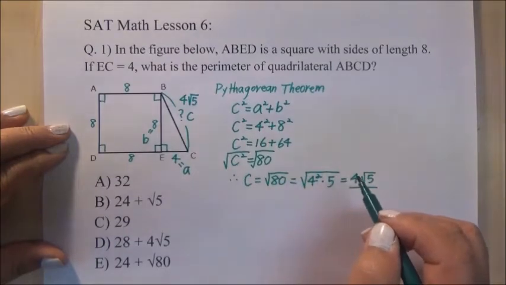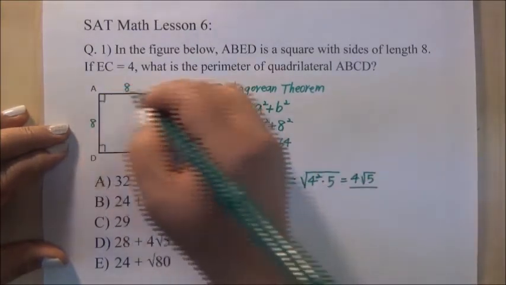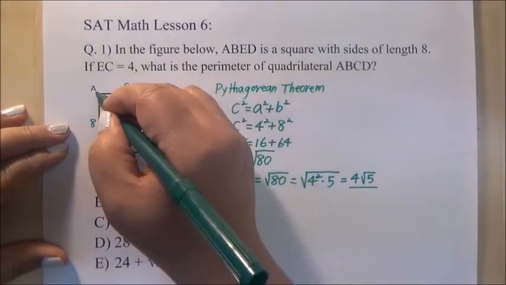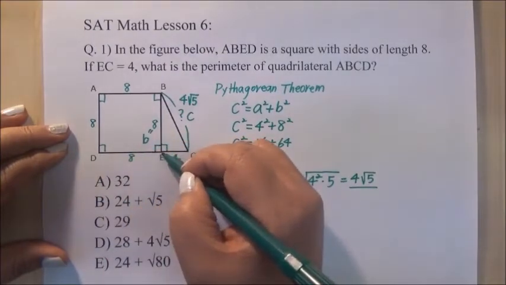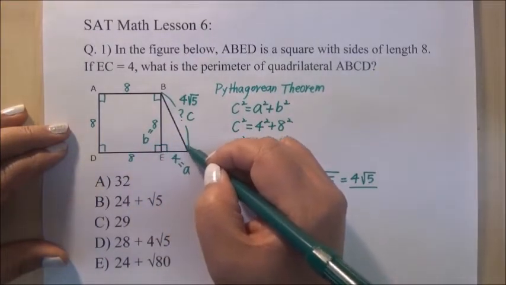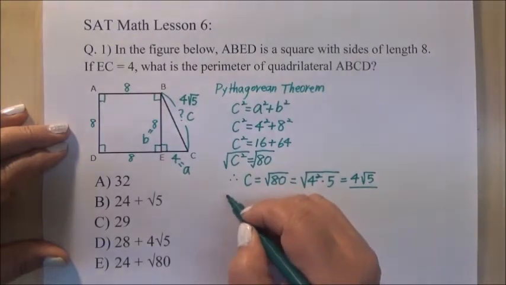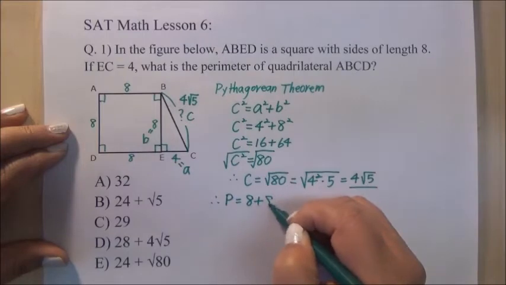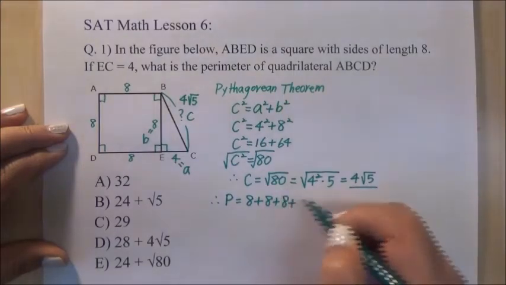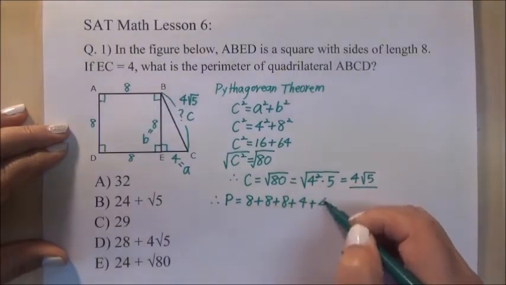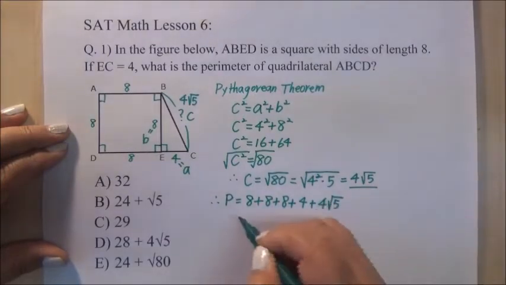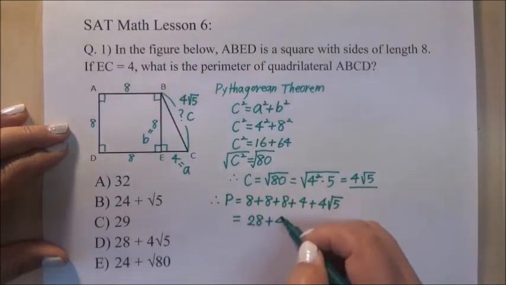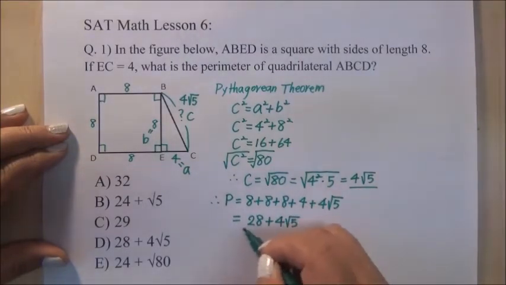Now we can find the perimeter of quadrilateral ABCD. So the perimeter is 8 plus 8 plus 8 plus 4 plus 4 square root of 5, which is 28 plus 4 square root of 5.